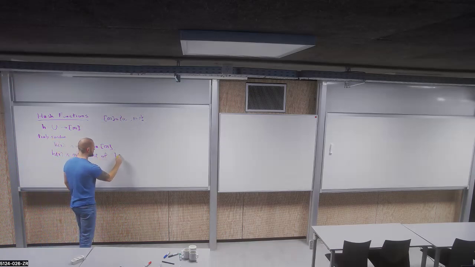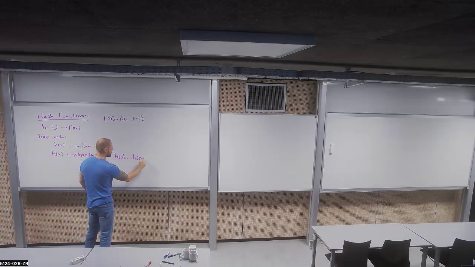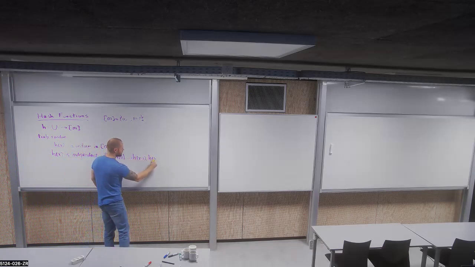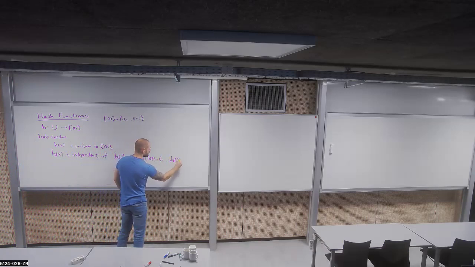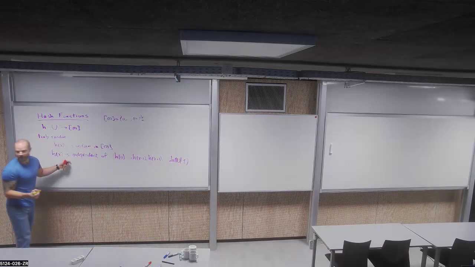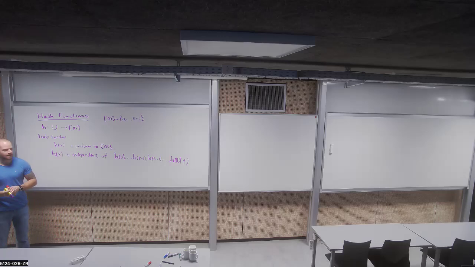Say hash of 0: if I tell you all the other hash values except hash of x, it is still uniform random, even if I tell you what all the other values are.